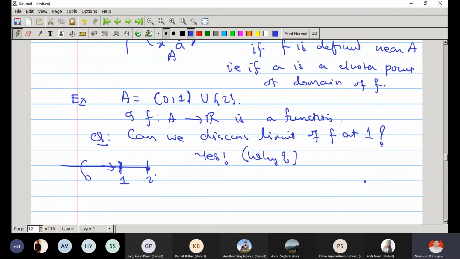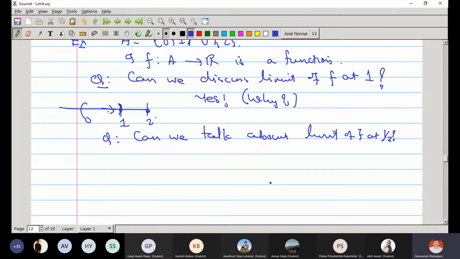So if there is a way, there is a path, then you can reach that island. So same thing, isolated. Okay, so can we talk about the limit of f at half?